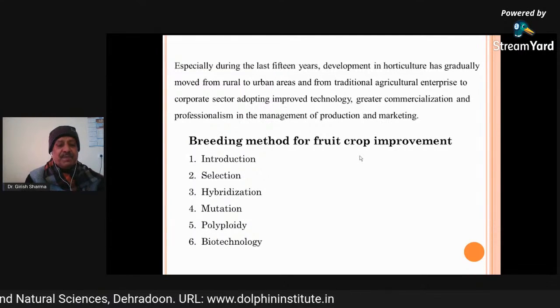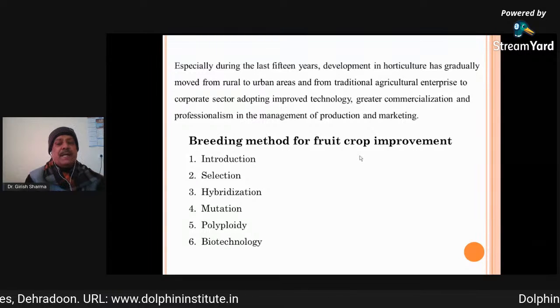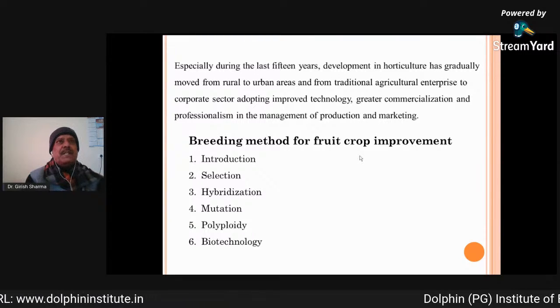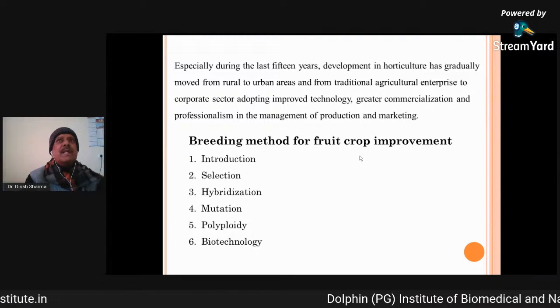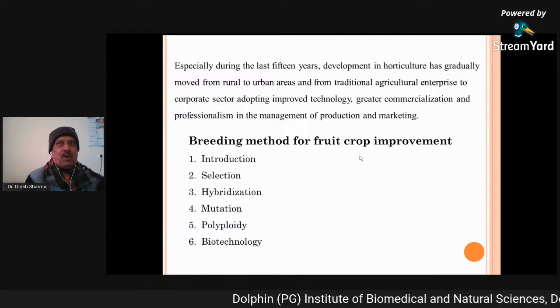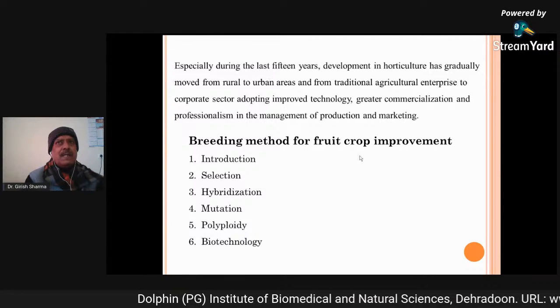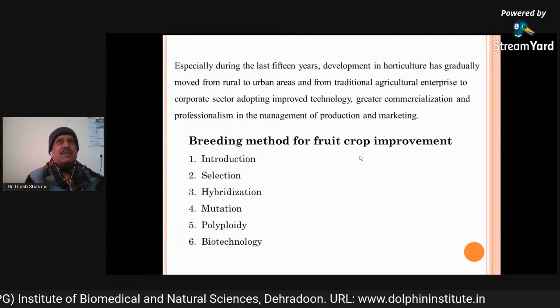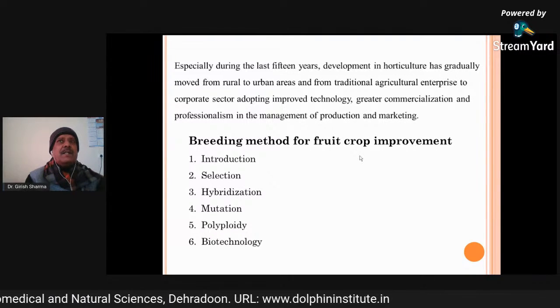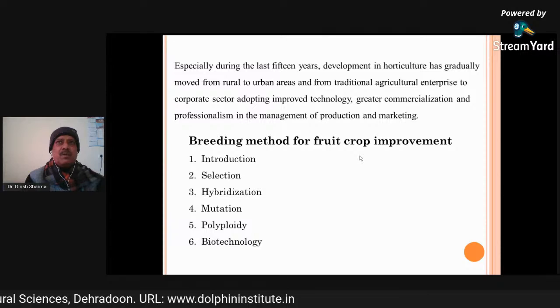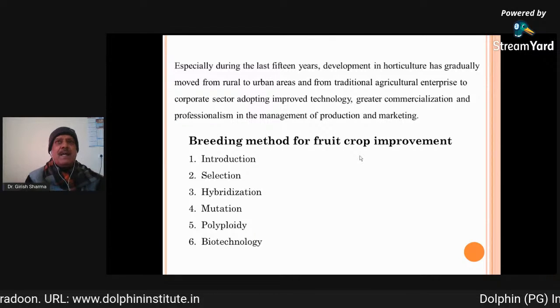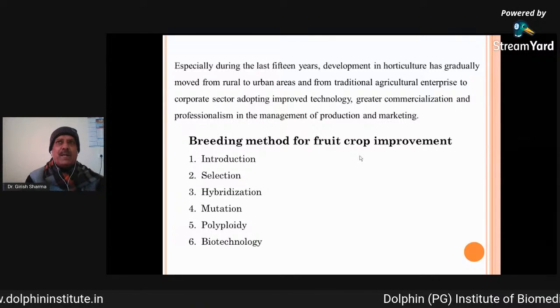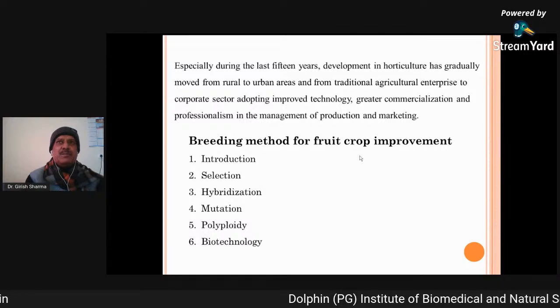This ploidy phenomenon in crop breeding is essential, especially where the individual fruit size is small. In horticultural crops, there are several fruit crops which are small in size, such as rubus, strawberry, and several other fruit crops where the edible part is very small.